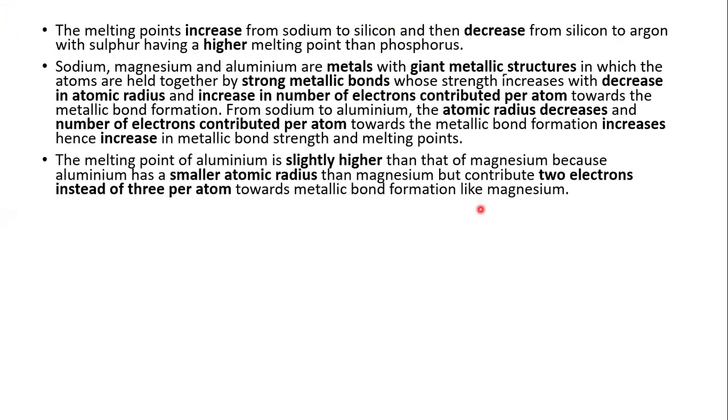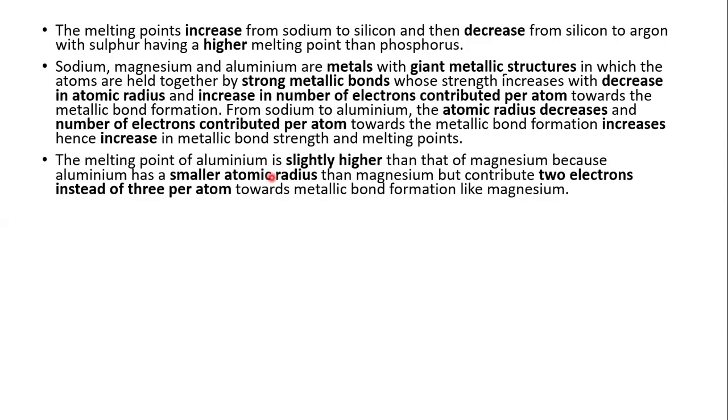The anomaly is that aluminum certainly has a higher melting point than that of magnesium. I already talked about this. Though aluminum has a smaller atomic radius than magnesium, it contributes only 2 instead of 3 towards metallic bond formation, making it have a slightly higher melting point than that of magnesium.